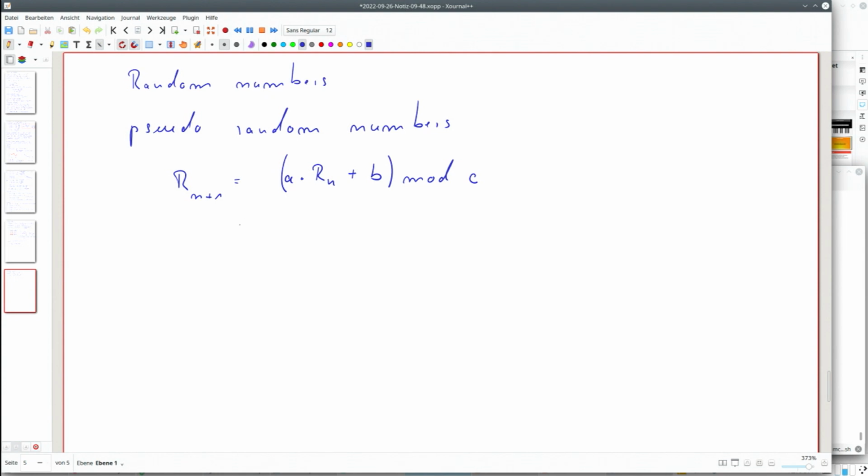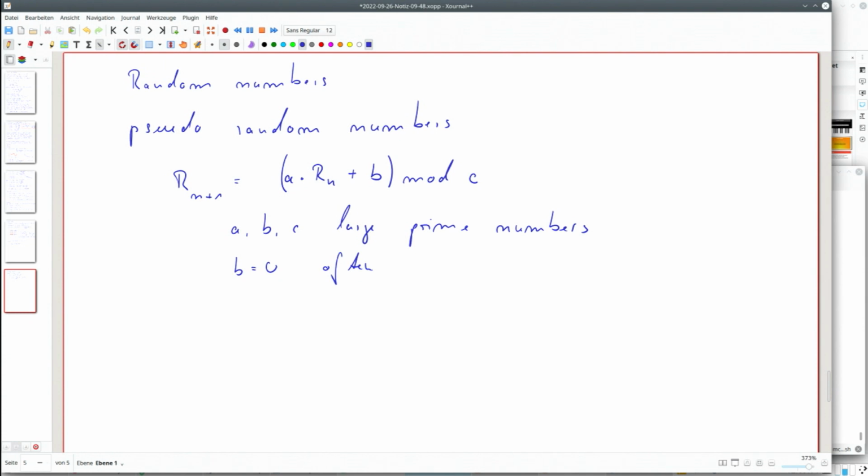The best is if you choose A, B, C large prime numbers. And in many algorithms, B equals 0, so this B is just thrown away.